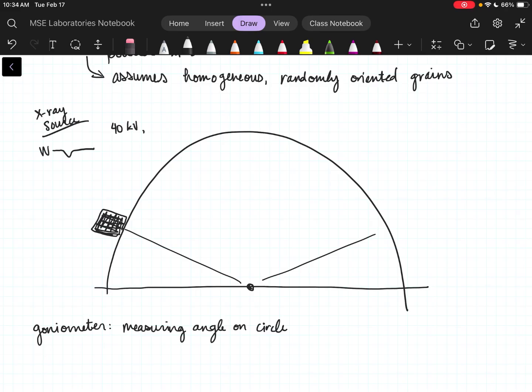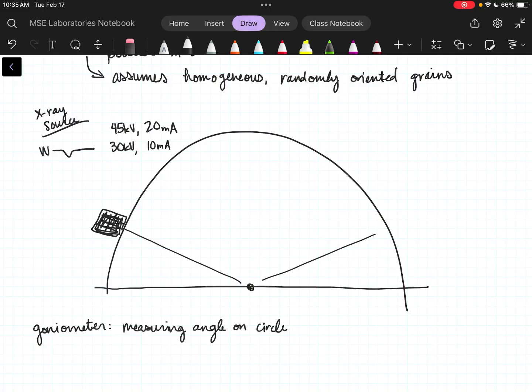For our biggest XRD, it's 40 kilovolts. Oh, let's see. It's 45. I apologize. Not that it makes the biggest difference, but we do 45 kV and 20 milliamps for our largest.